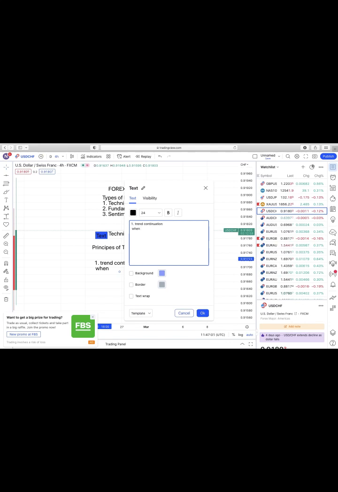It means that when you are looking for an entry in the market, always obey the price continuation.